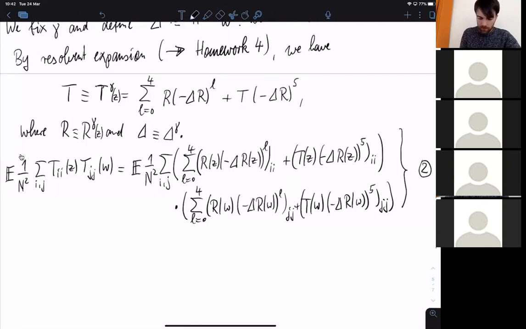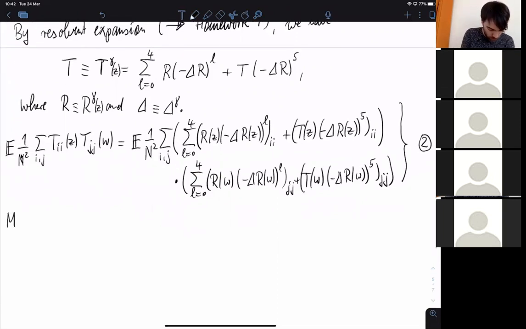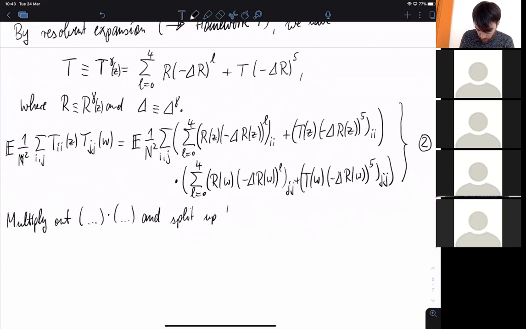So we will multiply out both expressions here. Then we will of course get a horrible mess. But then we will order this math into two groups. So we multiply out these parentheses here, so this times this, and split up the resulting terms, so the terms that appear from this product, into 2 groups.